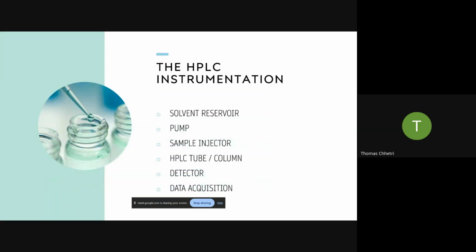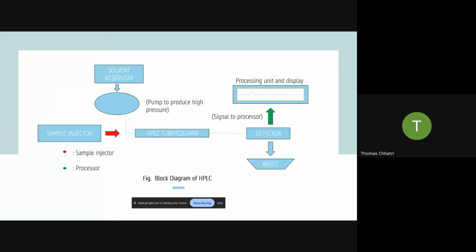So now let's see the HPLC's instrumentation. The HPLC instrumentation consists of solvent reservoir, pump, sample injector, HPLC tube, or we can say column, detector, and lastly data acquisition. This is a block diagram representing all the instruments used in HPLC. We can see solvent reservoir where the mobile phase is kept, and we can see the pump which is used for high pressure.